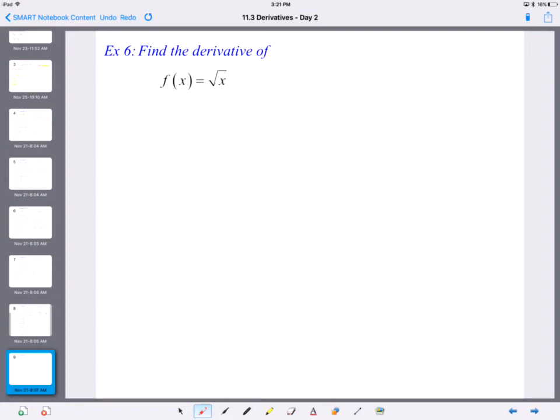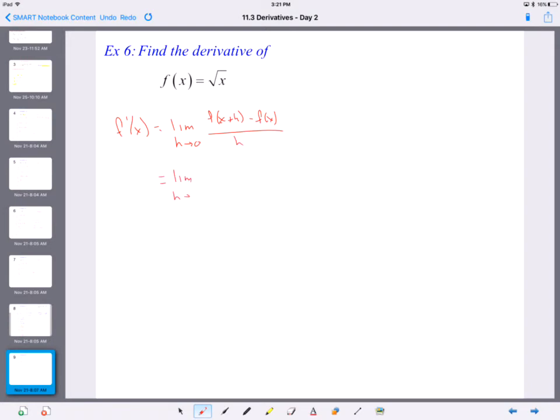Now this has to do with the radical, so it's going to be very similar to what we did in class with limits of radicals. So let's go ahead and get started. The derivative is equal to the limit as h approaches 0 of f of x plus h minus f of x all over h.